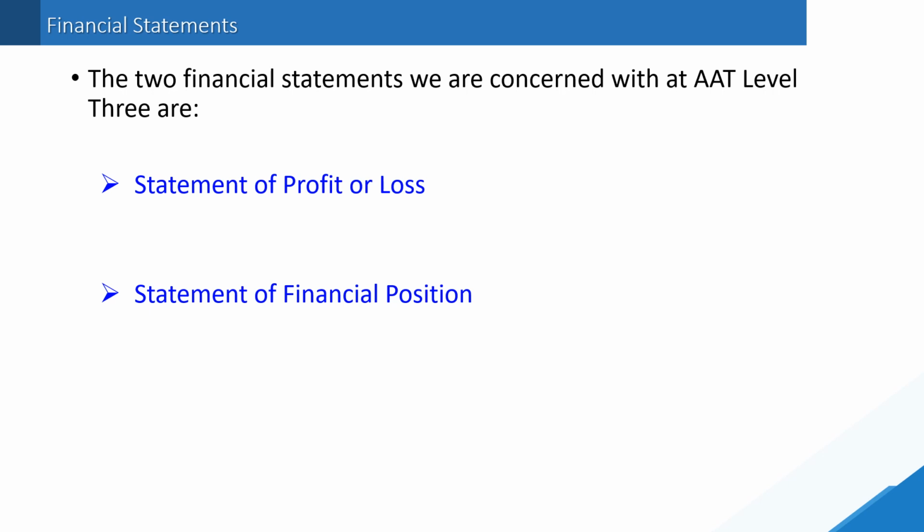And those three terms should be quite familiar to us. Assets less liabilities equals capital. The statement of financial position is indeed an expression of our accounting equation, which is something we should be comfortable with at this point in our studies.